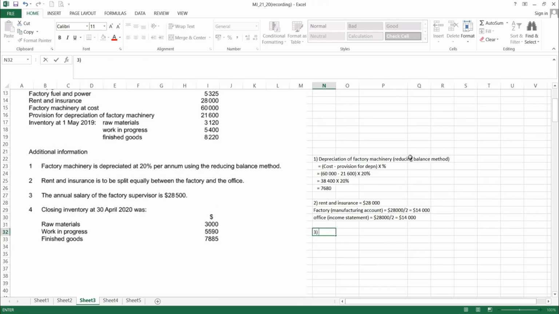They mean this is an accrued amount. Factory supervisor salary. Okay, so we have the amount. How much shall it be? Let's see.